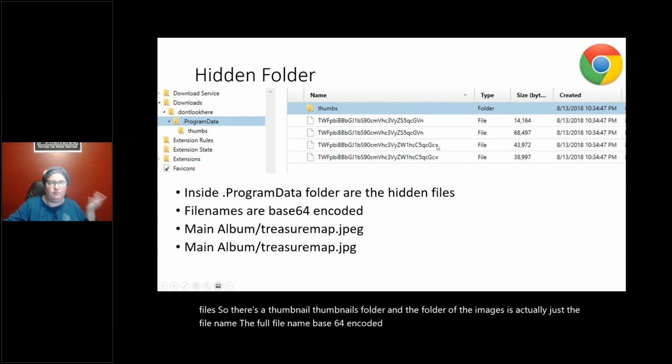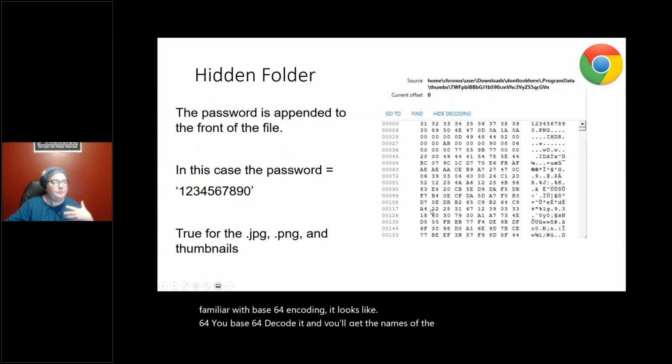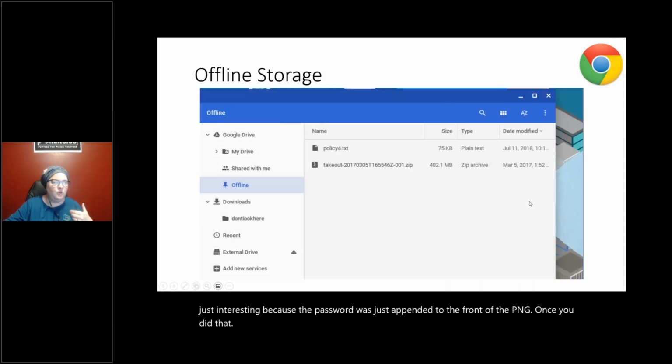So it was blatantly just looking at that. If you're familiar with base64 encoding, it looks like base64, you base64 decode it, and you'll get the names of the files. Also, this particular one was just interesting because the password was just appended to the front of the PNG, once you did that, and then you could decode it.